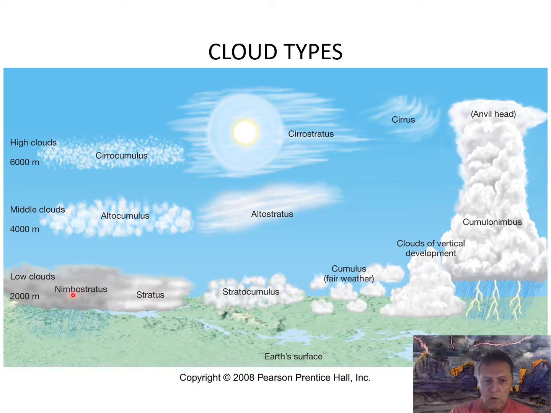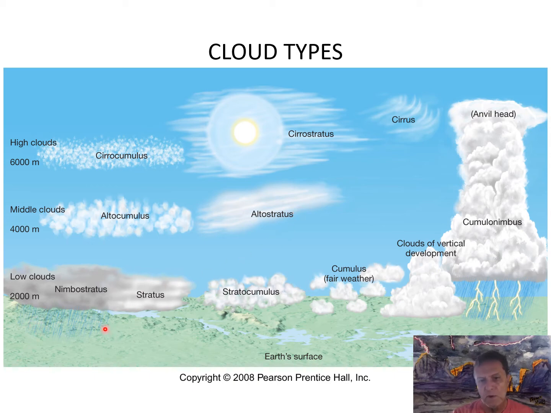And we have nimbo, which translates to storm-like. So if you see a cloud name with nimbo in it, that means it has the potential to rain on you. Okay. So we have cumulus clouds, which are puffy clouds, cirrus clouds, which are high puffy clouds or high layered clouds.